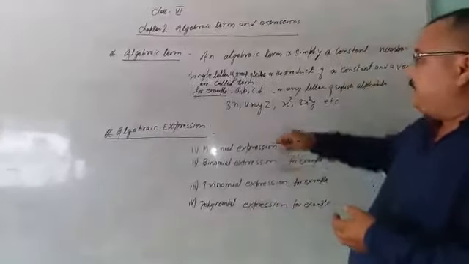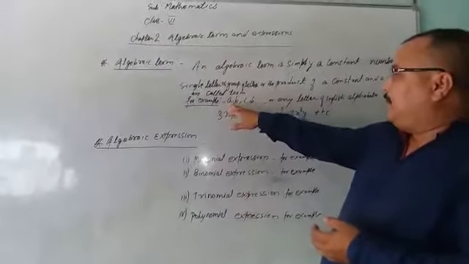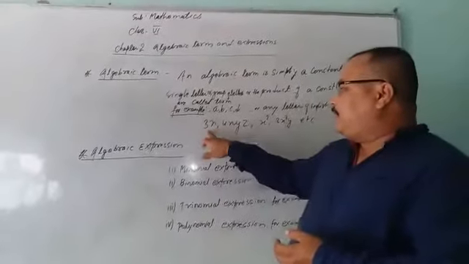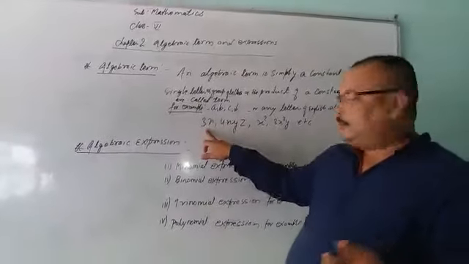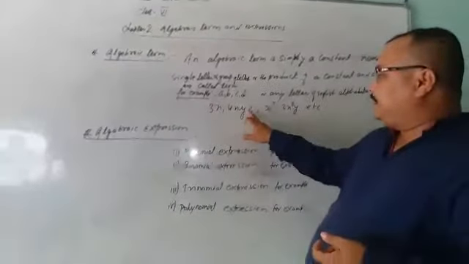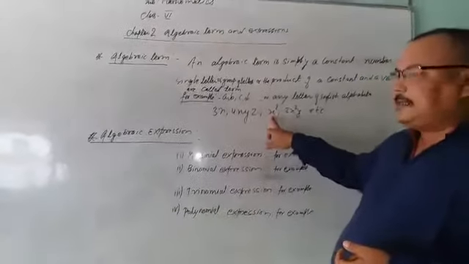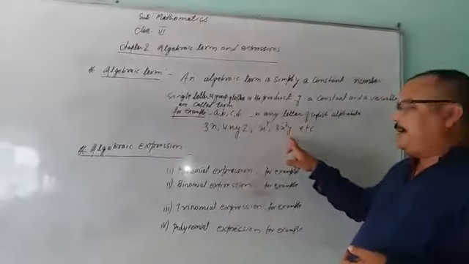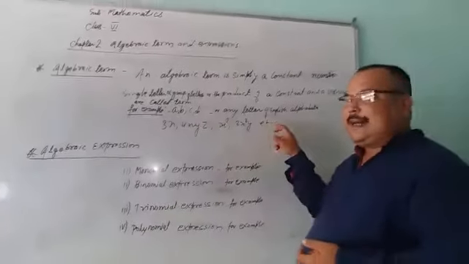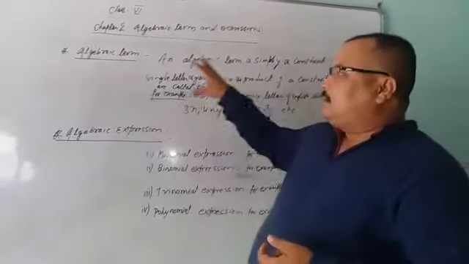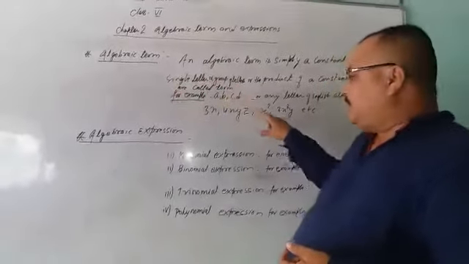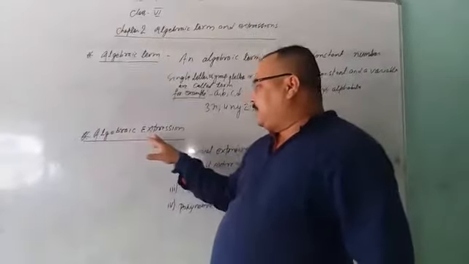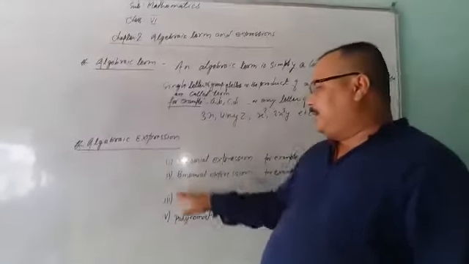So that's why variables are ABCD, any letters of the English alphabet, and for example 3x is a term, 4xyz is a single term, x square is also a single term, 3x cube y is also a single term, etc. These are called the algebraic terms.